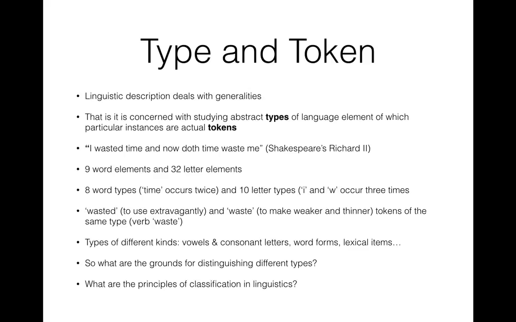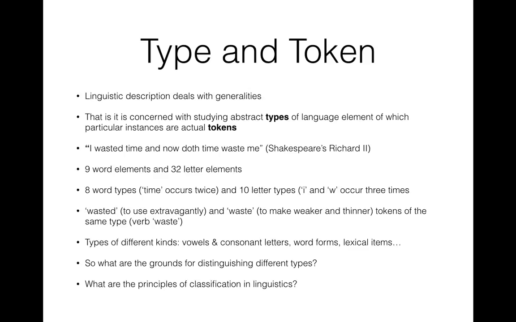Now, wasted, to use extravagantly, is the first one. And then waste, to make weaker and thinner, are tokens of the same type, which is the verb waste. So you have the verb waste, but it has different manifestations, different meanings, from the same type. So you have types and tokens. When we talk about types or tokens, it depends on the level of analysis you are dealing with.